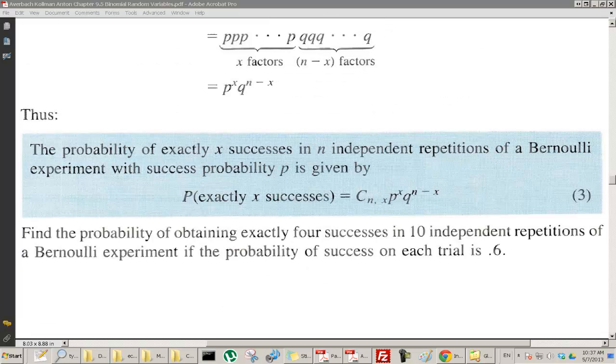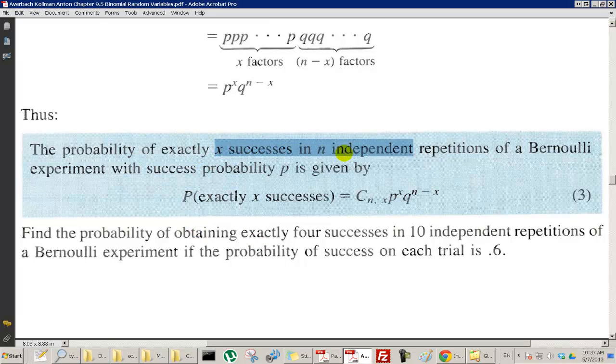So finally, we have this result. The probability of exactly x successes in n independent repetitions of a Bernoulli experiment, so we're repeating it n times independently, where the probability of success is p, and the probability of failure is q, then the probability of getting exactly x successes is C(n, x), p to the x, q to the n minus x.